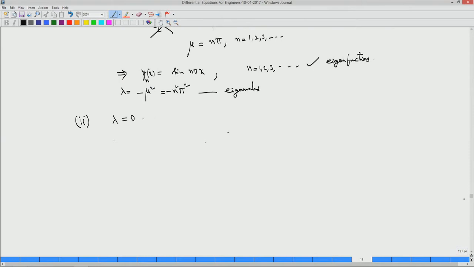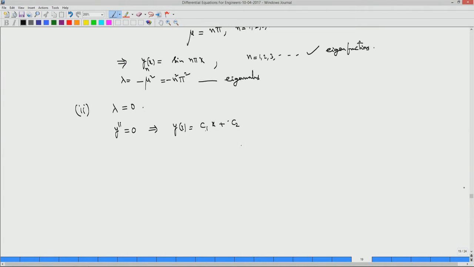In this case, what happens to your equation? y double dash equal to 0. So what is the general solution here? Simply C1 x plus C2. You simply integrate, where C1, C2 are arbitrary constants.